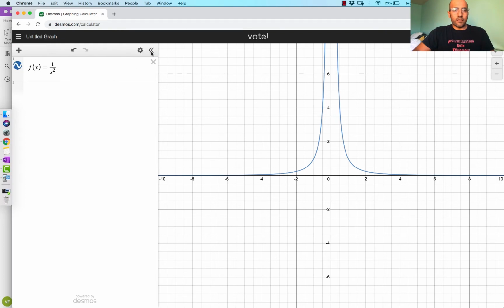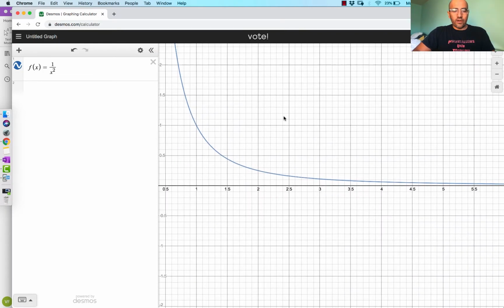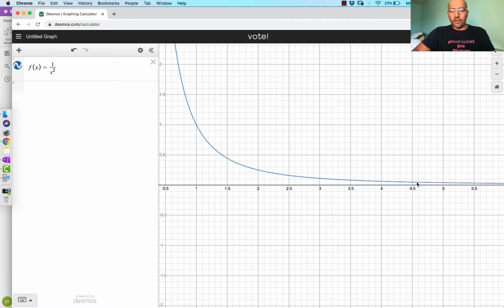Okay, so we're going to focus on the case where x is greater than 1, like this. So here is the function. X is allowed to be any one of those values on there, right? So here is the function f of x equals 1 over x squared.